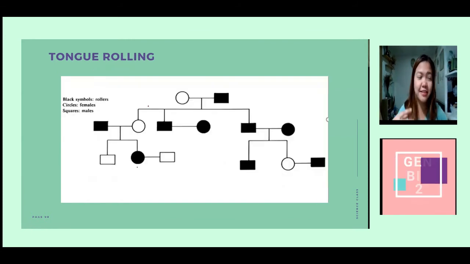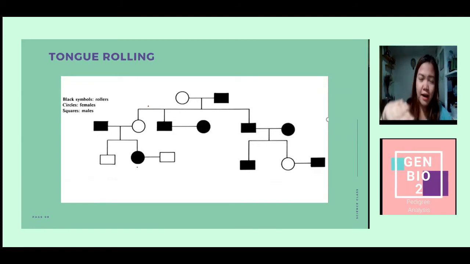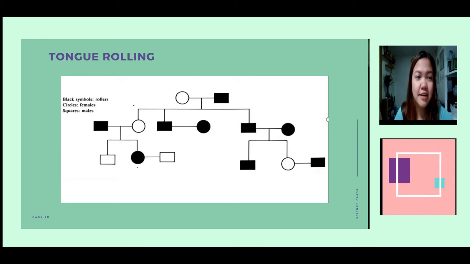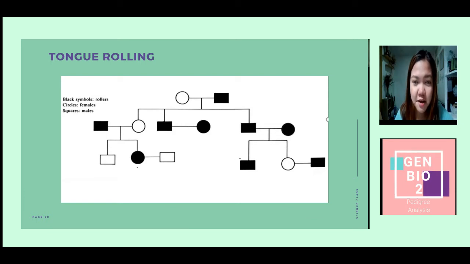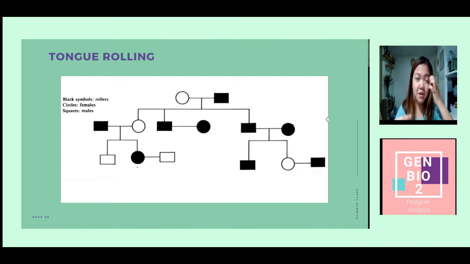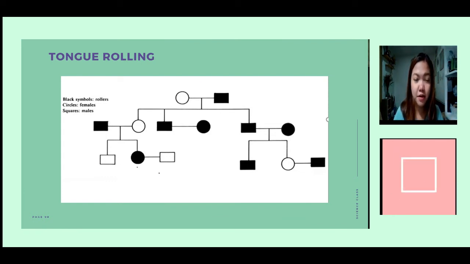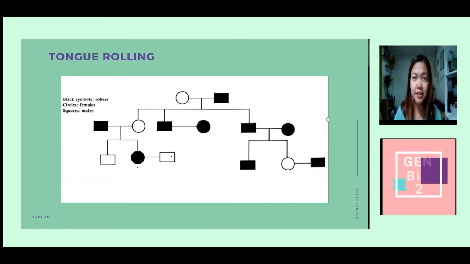Let's say, for example, this is a trait that is inherited. Okay, so the shaded ones are the affected individuals, and the squares below with no shades are unaffected individuals.